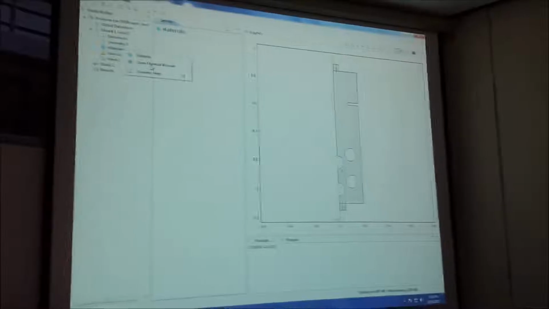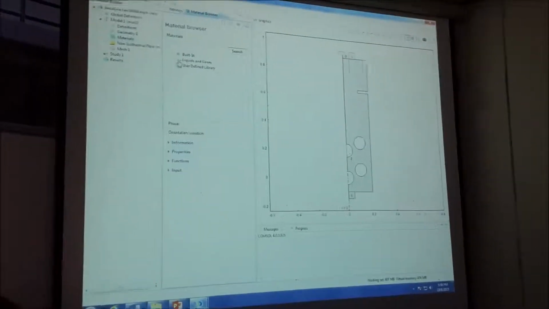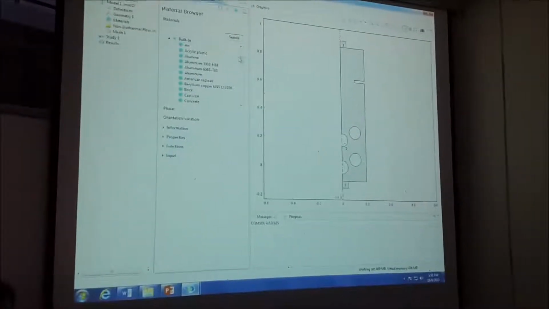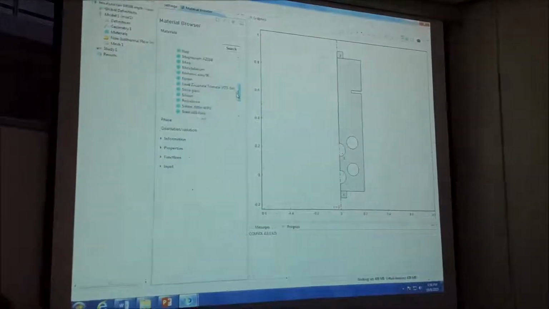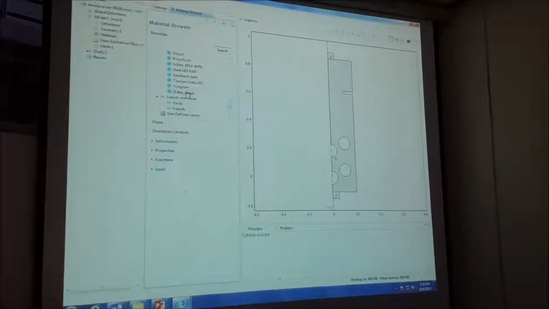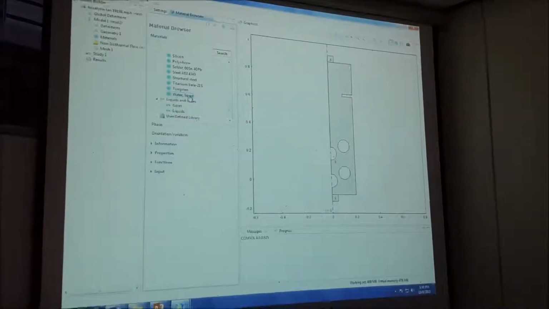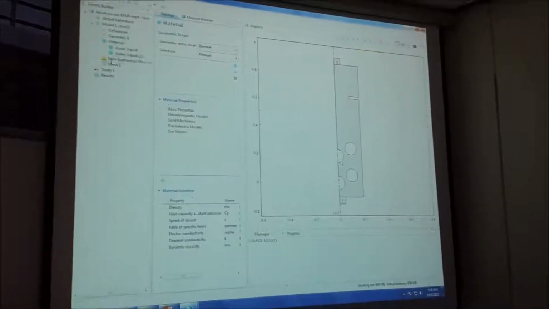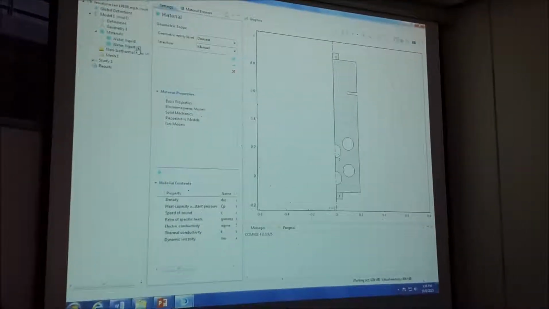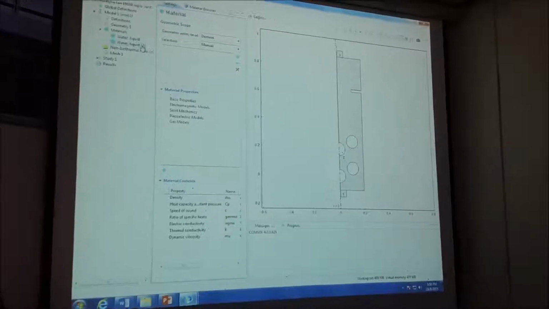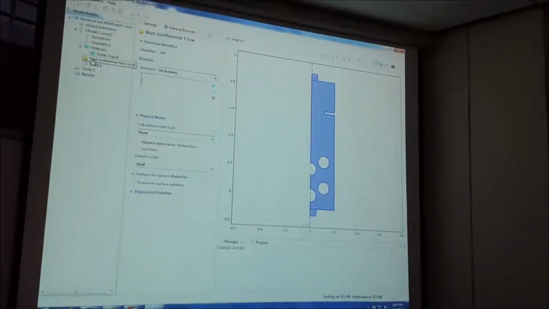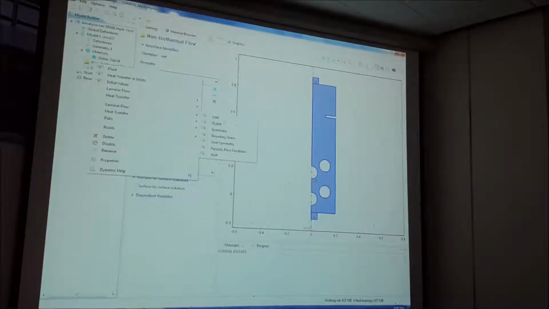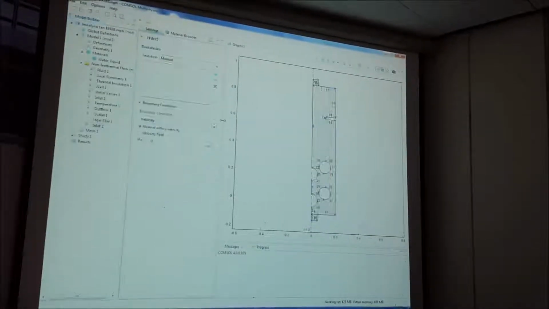Right click materials, open materials and insert water. Right click water and add to model. Right click non-isothermal flow, go to laminar flow and insert the inlet.